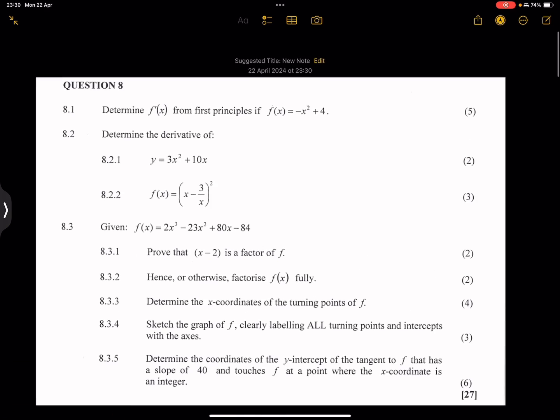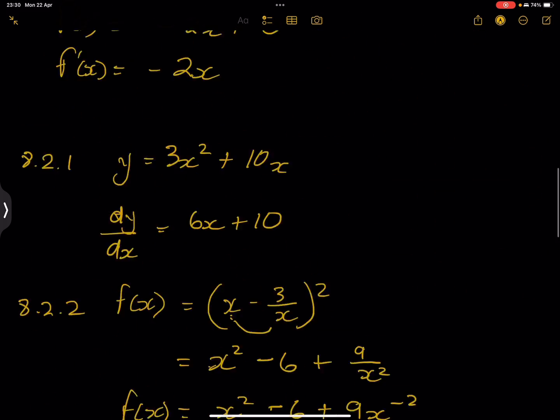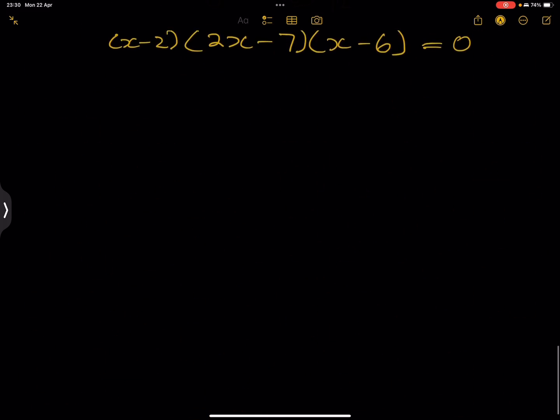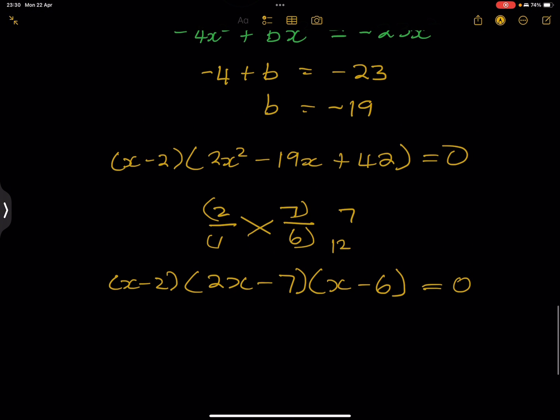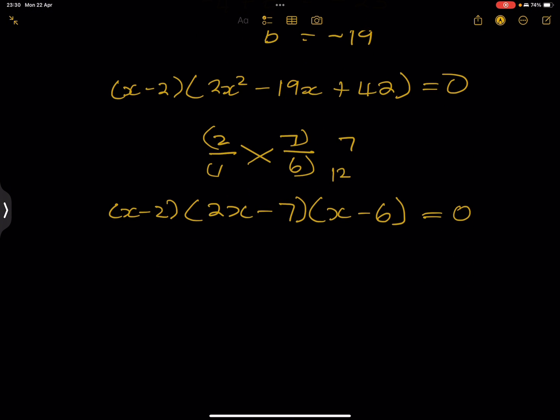Right, so the next question says determine the coordinates of the turning points of f. Now remember, how do we get the turning point? Right, we take the derivative and make it equal to 0, to get the x value of the turning point. So 8.3.3, we're going to say, well, take f prime of x, make it equal to 0.